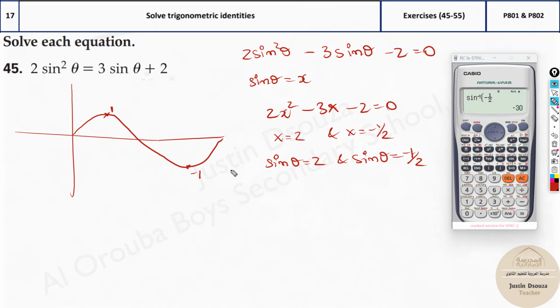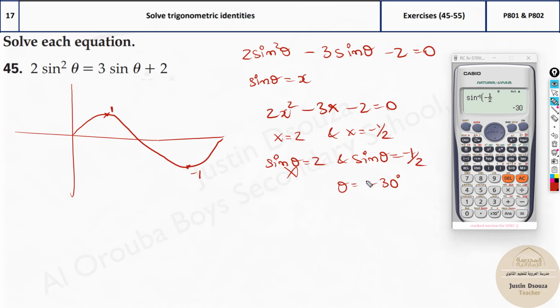So for the first one, you can say it's undefined and just ignore it: sine theta is undefined at 2. And over here we get theta equals negative 30. I hope everything is clear here. It's negative 30 degrees, but this is not the answer.